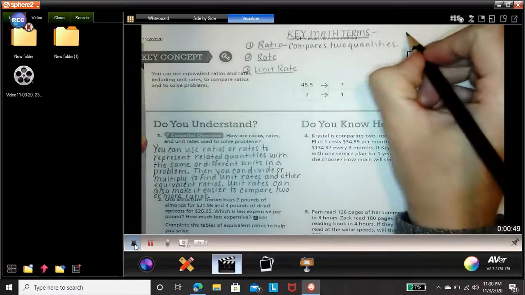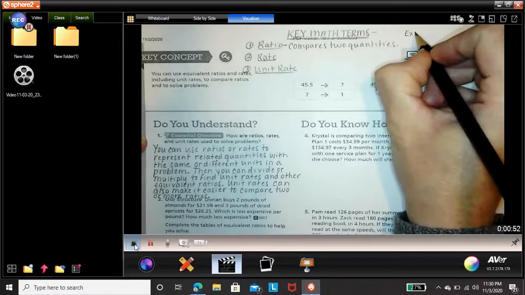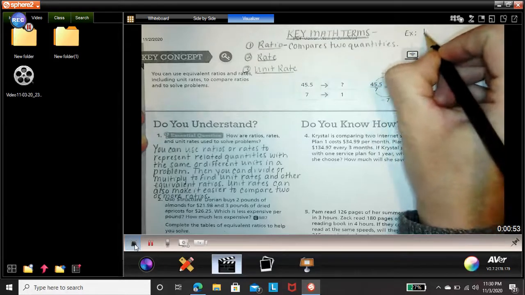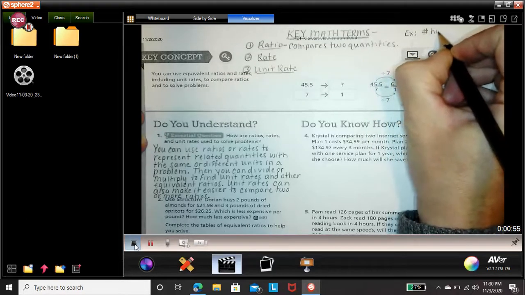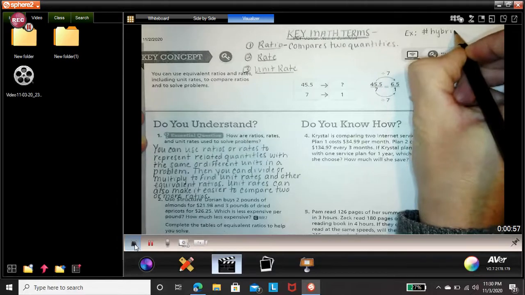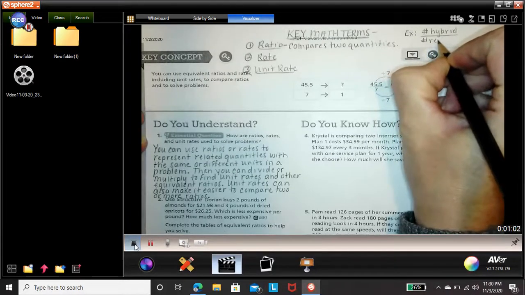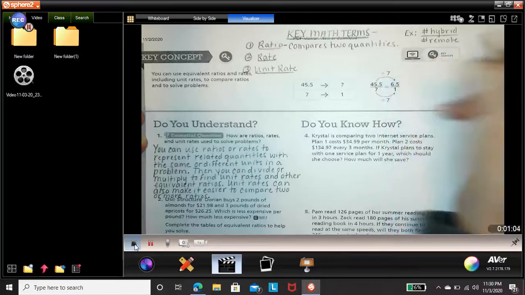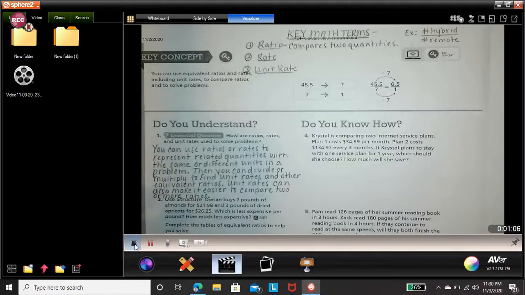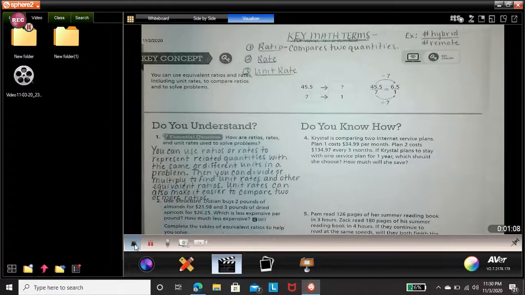For example, we might compare the number of hybrid students in class to the number of remote students. Now, while those words are different, the unit of measure, which is students, is still the same.